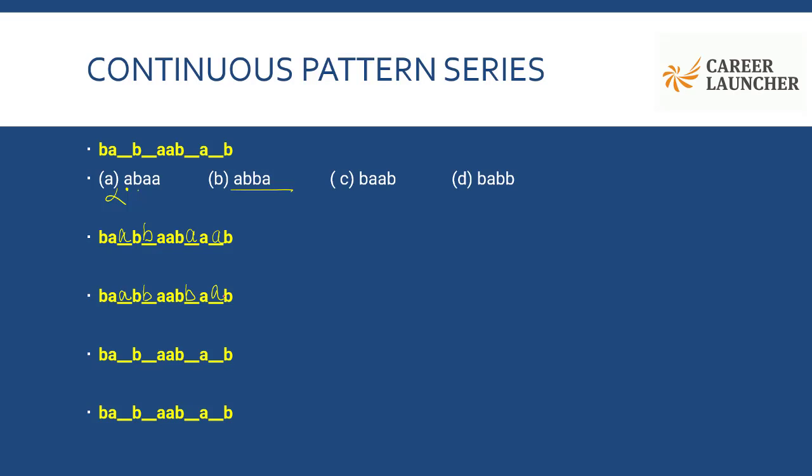Probably yes, because if we look closely, I can see a pattern here, BAAB. I'm getting a group of alphabets which follows a pattern, BAAB. So by putting in option number B, I can see some kind of pattern. So my answer here should be option number B.